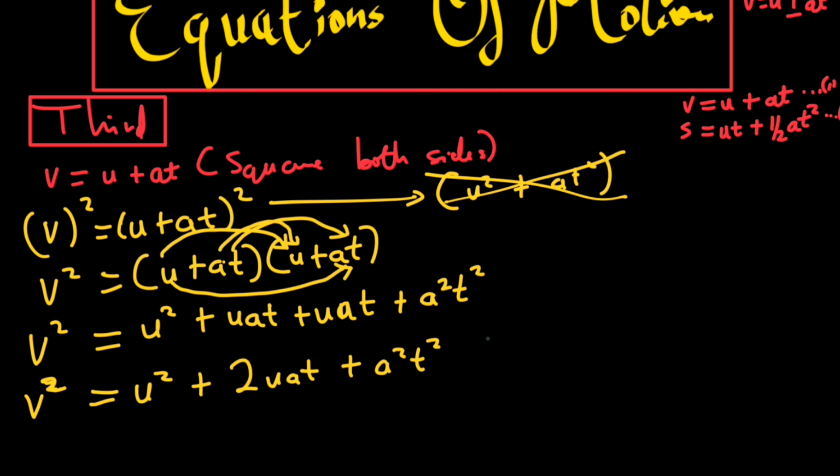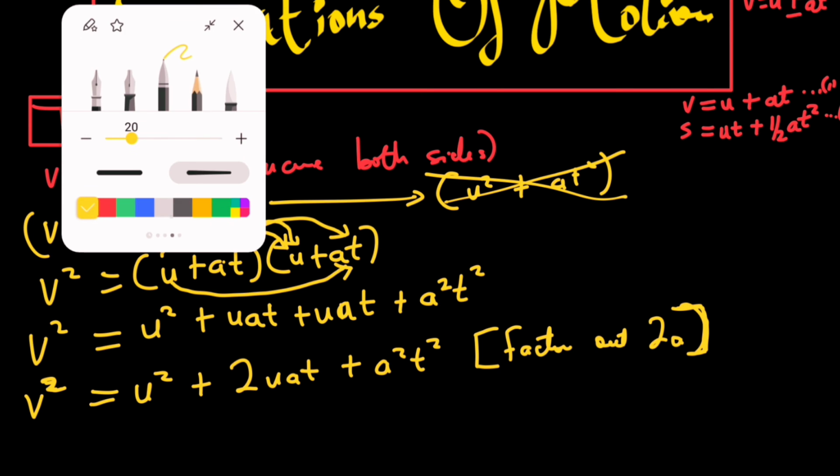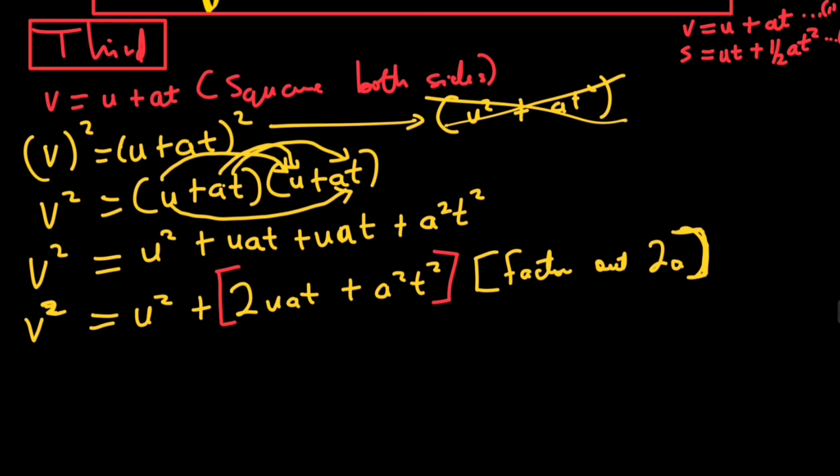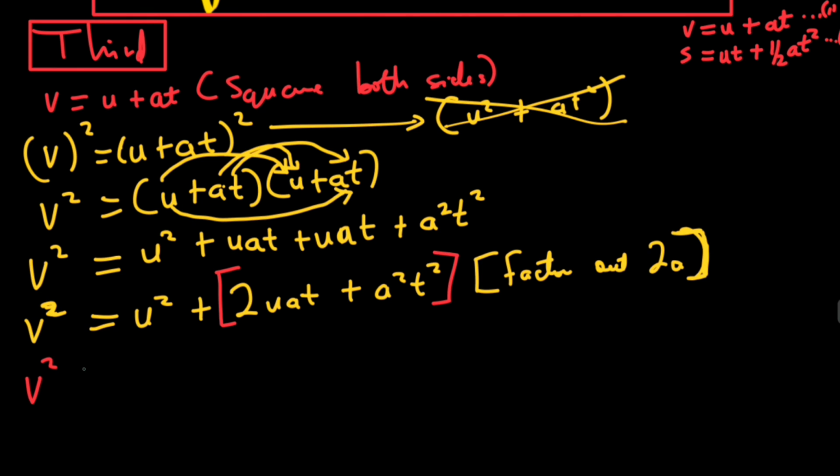Now, how about you factor out 2a? Factoring out 2a is not from the whole equation, we're just doing that for the last two terms. So let's say we want to factor out 2a here.